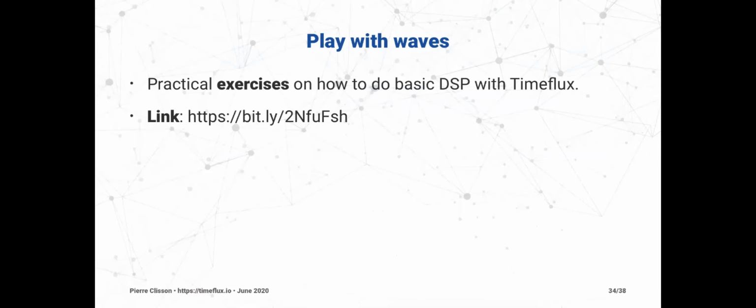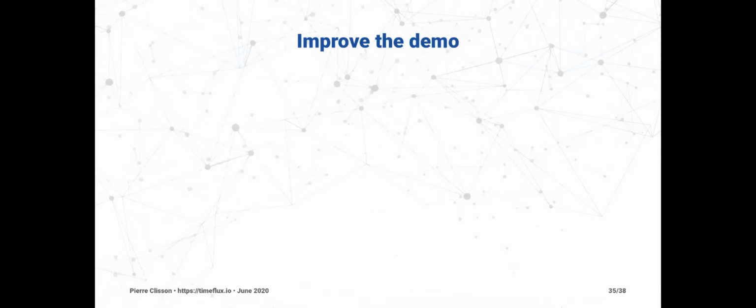We have a very basic demo, and we can do a lot of things to improve this demo. According to your profile, you can work on several parts of this.